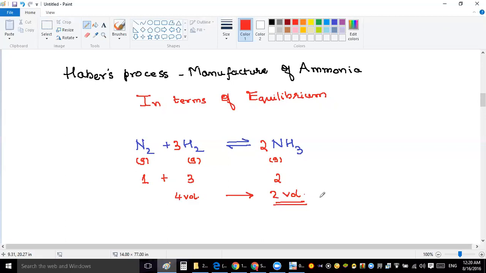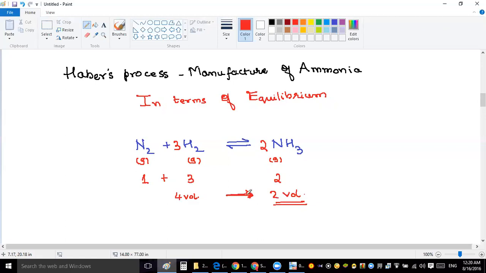If I'm applying high pressure, this part is very important. If I'm applying high pressure, I'm trying to decrease the volume, I'm trying to compress the reaction mixture. It means I'm helping the reaction to take place. Why? Because the forward reaction is proceeding with a decrease in volume.